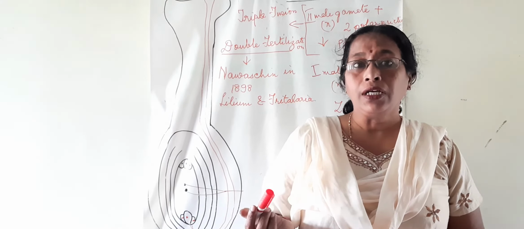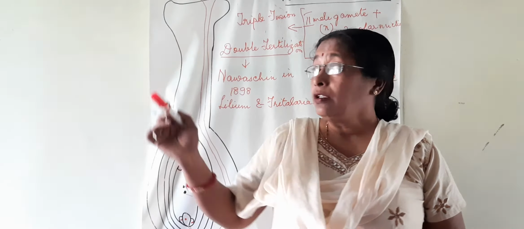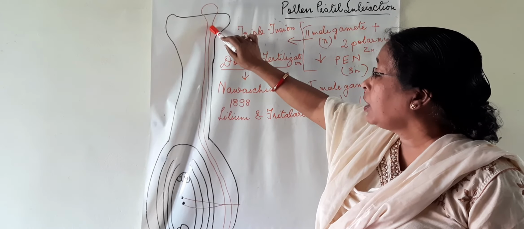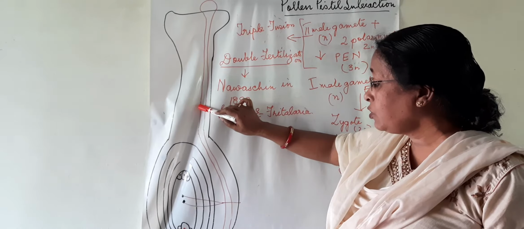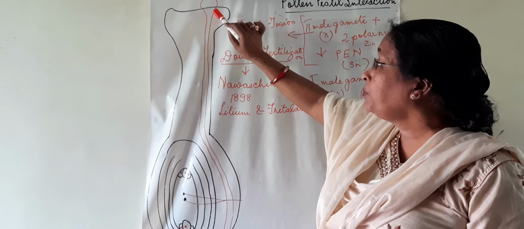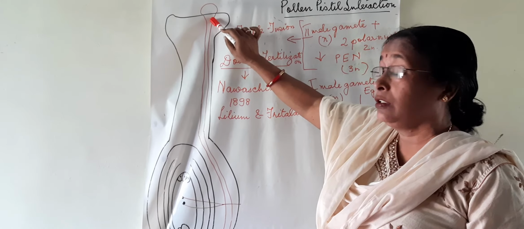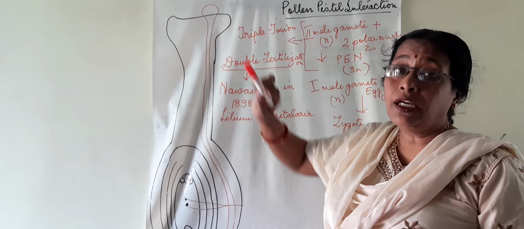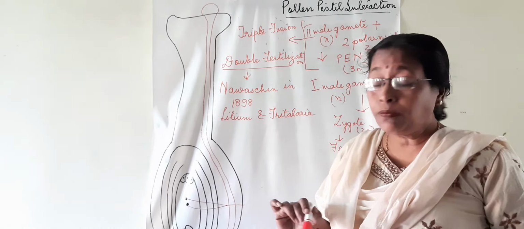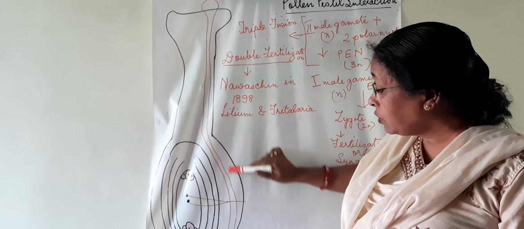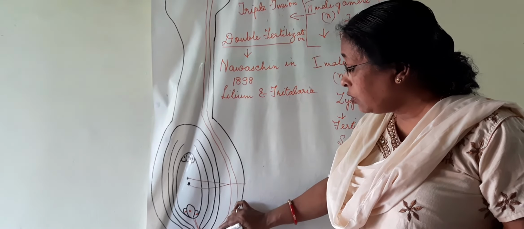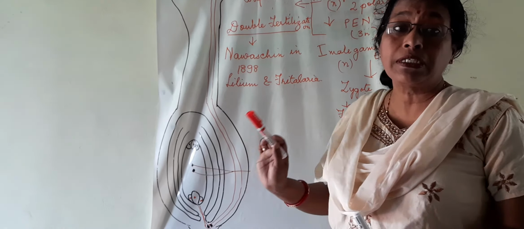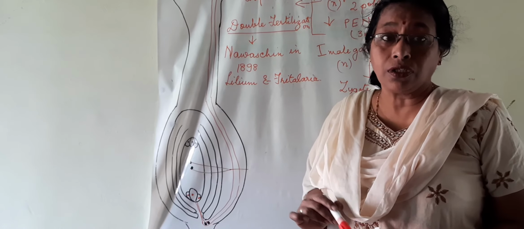Now let us recall again what we have studied. The germination of the pollen grain, that is the development of the pollen tube, and the pollen tube reaching the micropyle with its contents, that is two male gametes and one tube nucleus, along with a certain amount of cytoplasm. This whole process is known as pollen pistil interaction.